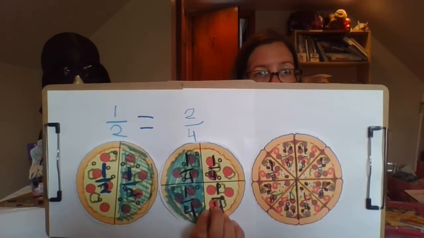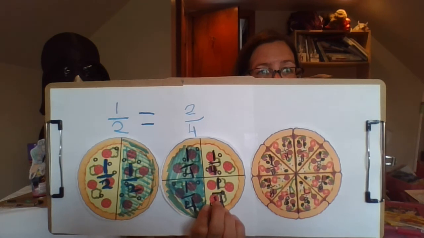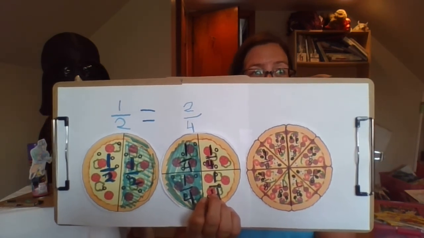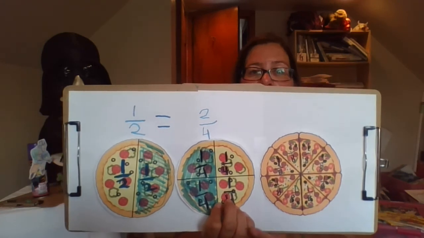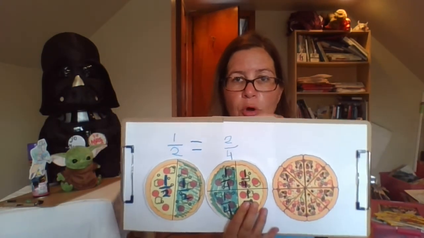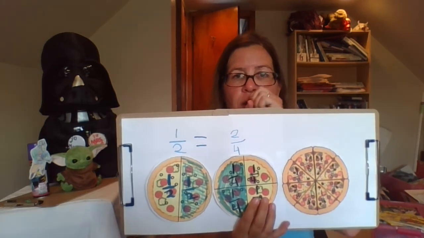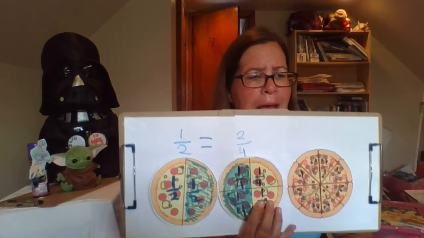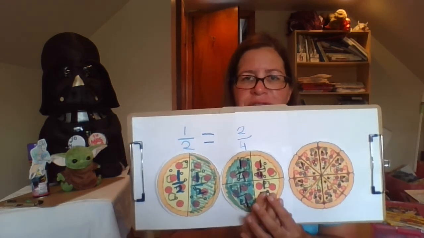I want you to think about how many pieces Darth Vader would eat to have the same amount as Flat Alex and Yoda. Ready, set, blow up that number in your balloon. Shout it out. Oh, I heard Anna, Shawnee, Elliot, Emma, Jace, and Colette.